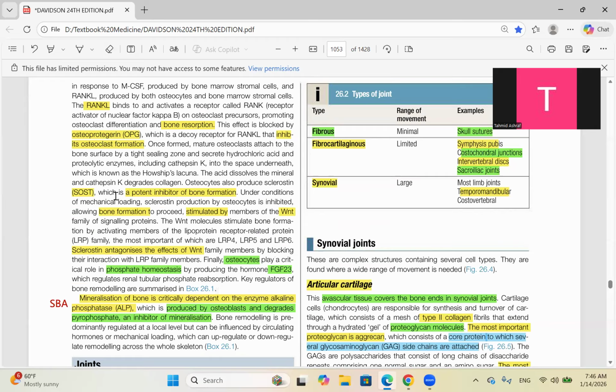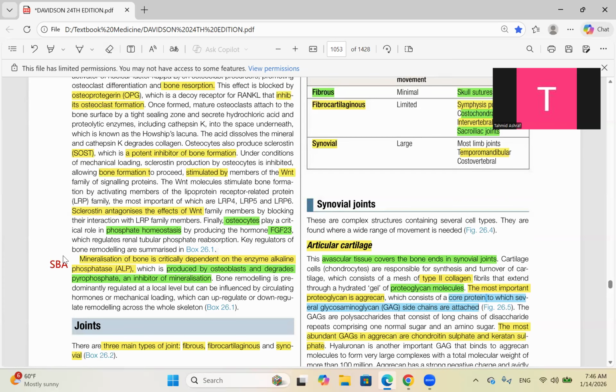SOST causes bone resorption or inhibition of bone formation. WNT promotes bone formation. We all know that. Osteocytes produce FGF23. It has a role in phosphate homeostasis. That means it causes increased phosphate excretion in the kidneys.